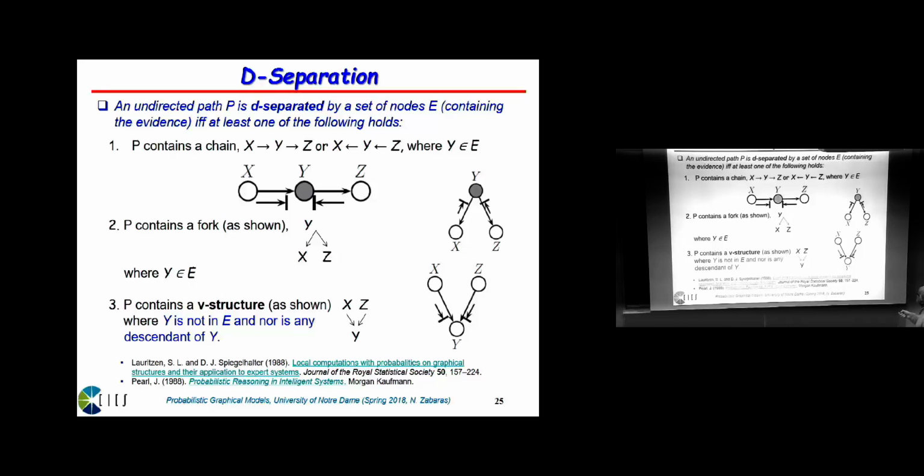So here, the path from X to Z, the arrows point in this way, but they can also point the opposite way. So it can be this or that. In this case, we say that X and Z are d-separated by Y if Y is observed.